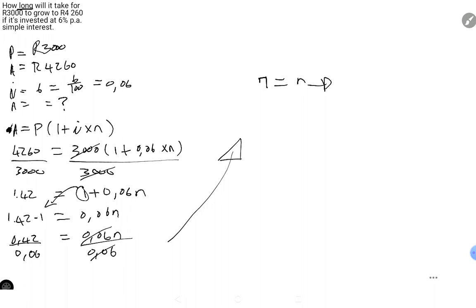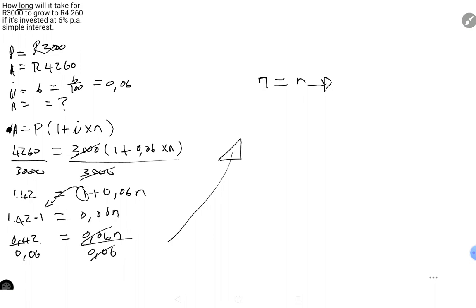Then we substitute the final value 4,260 on the left hand side, and then we've got 3,000 open bracket 1 plus 0.06 times N. We said we want what's in the bracket, so we want to access the bracket. So we take out whatever is attached to the bracket, and in this case it's that 3,000.